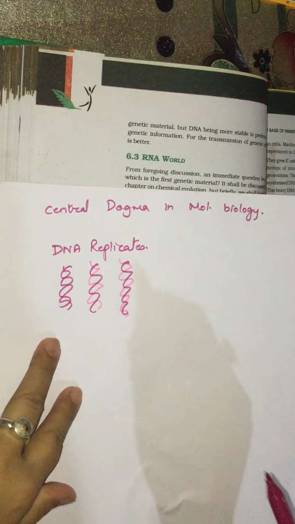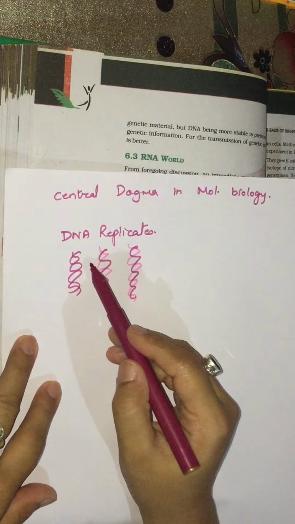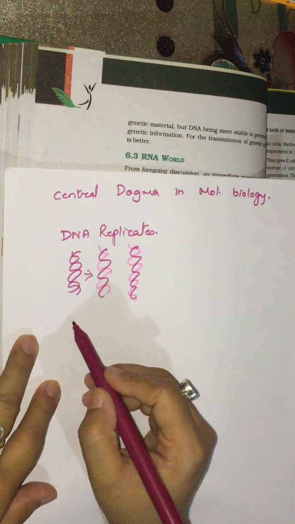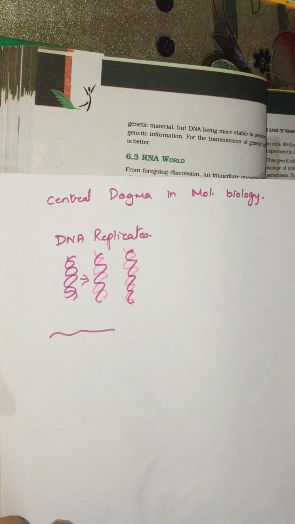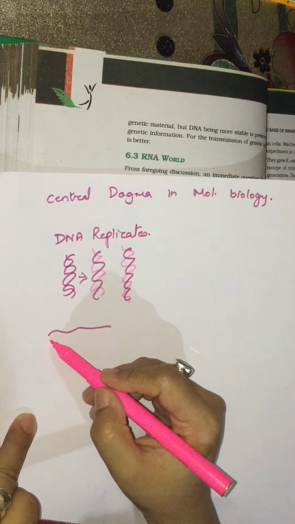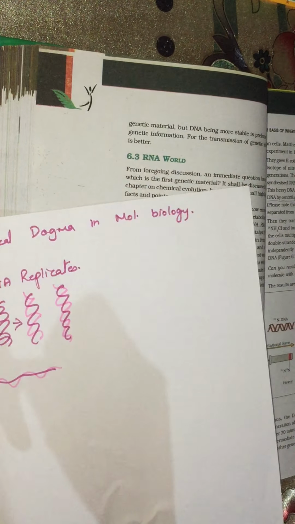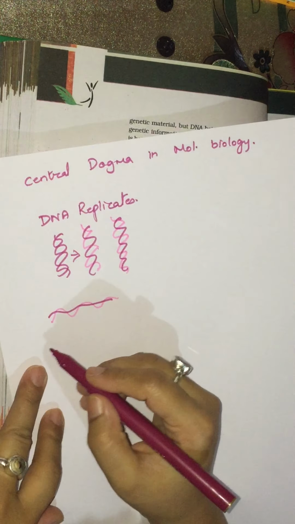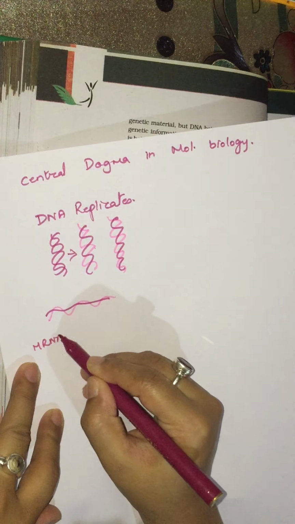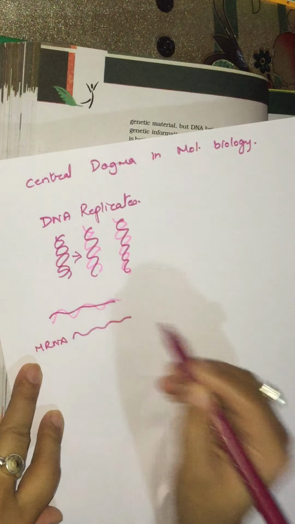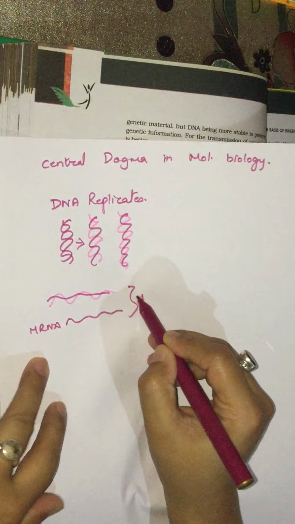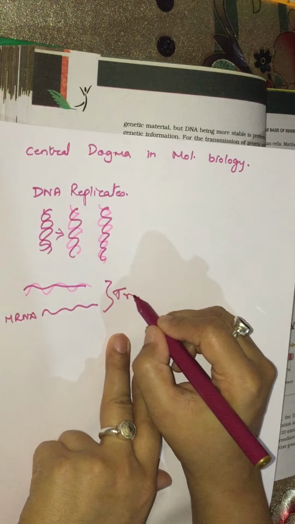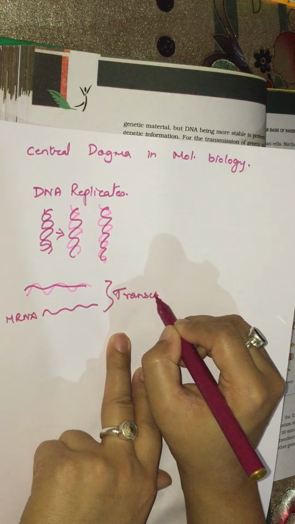Then after replication, from these two strands, mRNA, that is single stranded RNA, is synthesized, and this process is called transcription.